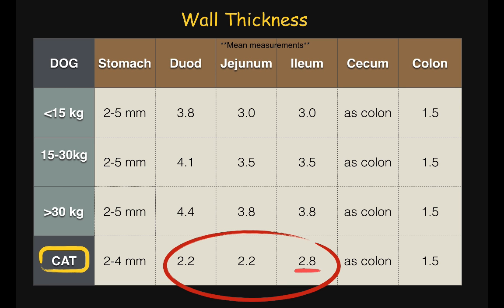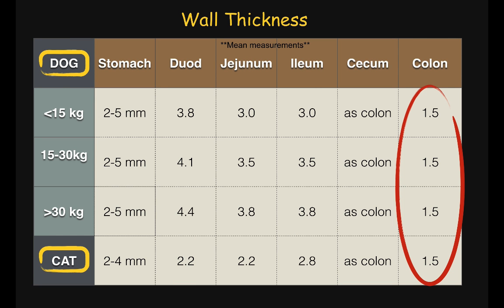And in cats, we can also notice that the thickest small intestinal segment is actually the ileum, unlike in dogs where it was the duodenum. The colon in both dogs and cats has a similarly thin wall, and as mentioned before, the mucosa and muscularis layers have similar thickness.